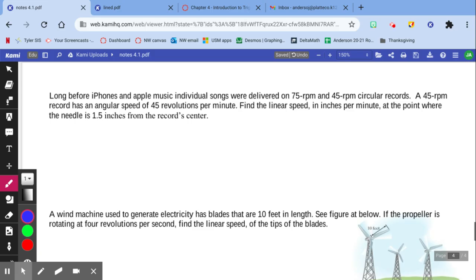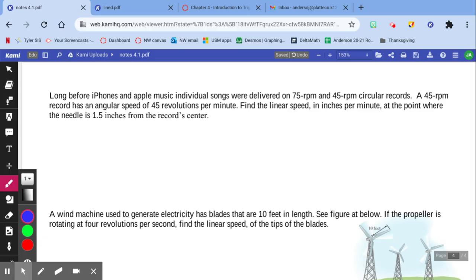On the next one it says, long before iPhones and Apple Music, individual songs were delivered on 75 revolutions per minute, that's RPMs, revolutions per minute, and 45 RPM circular records.